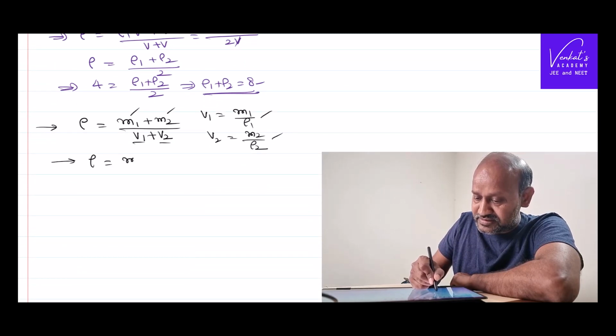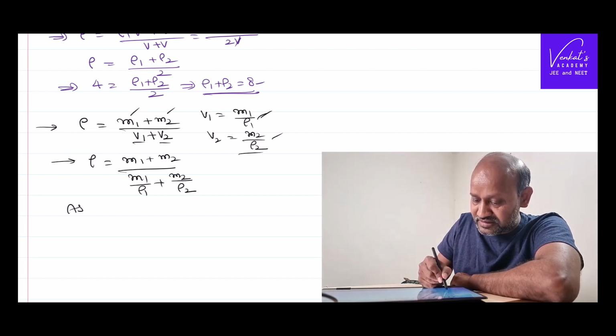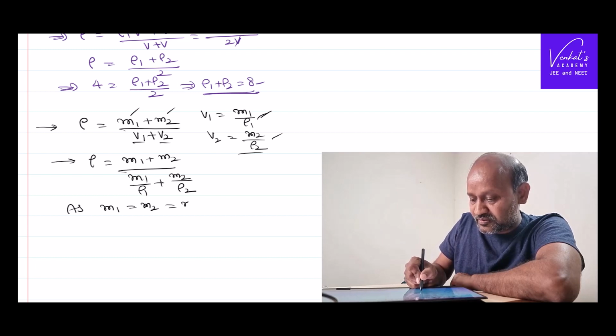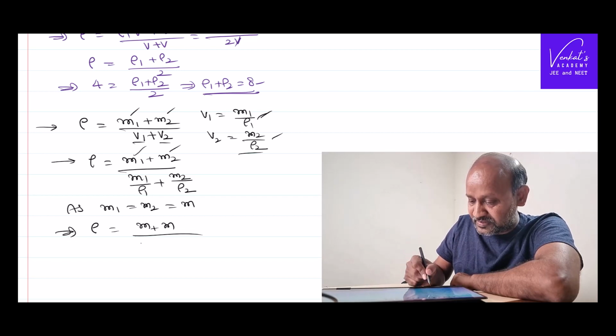What will I get? Rho as M1 plus M2 by, in the place of V1, M1 by rho 1, and in the place of V2, M2 by rho 2. And it is given that they are of equal masses, so let me assume M1 equal to M2 equal to M. Then rho will become M plus M by M by rho 1 plus M by rho 2.